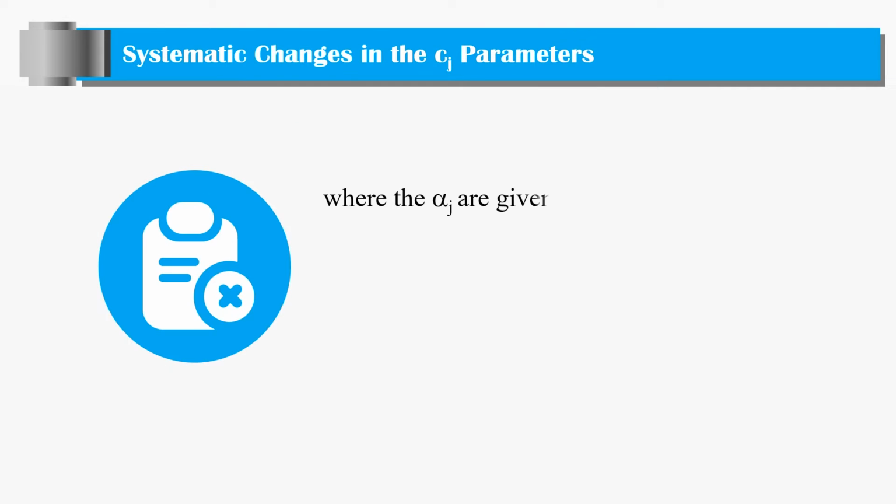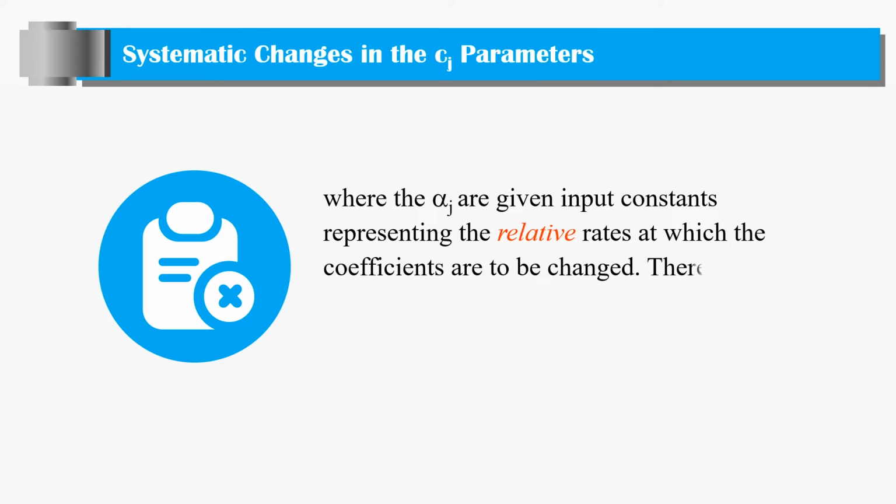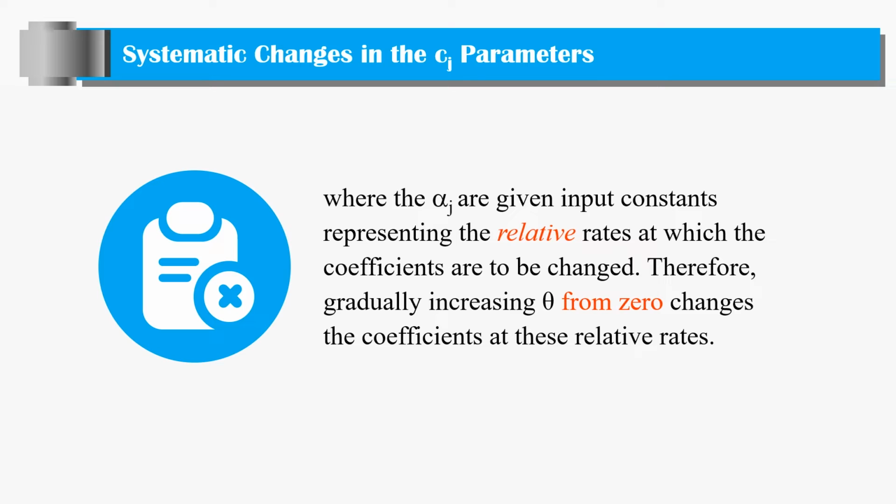These alpha j are given input constants representing the relative rates at which the coefficients are to be changed. Therefore, gradually increasing theta from 0 changes the coefficients at these relative rates.